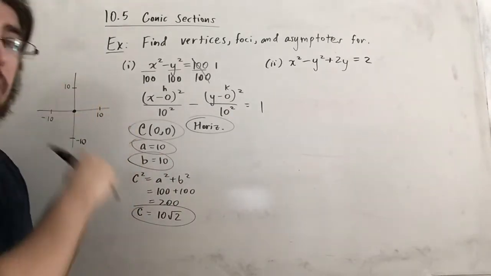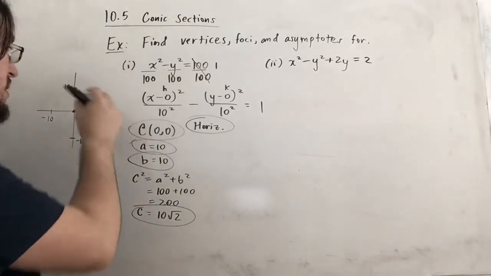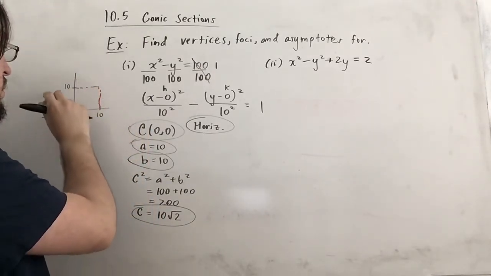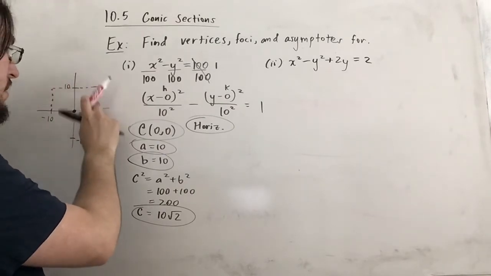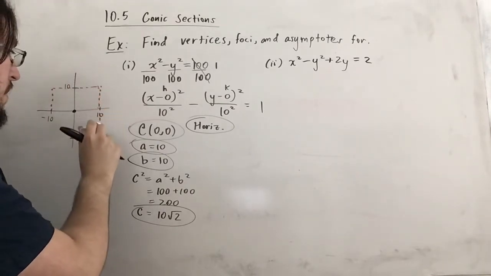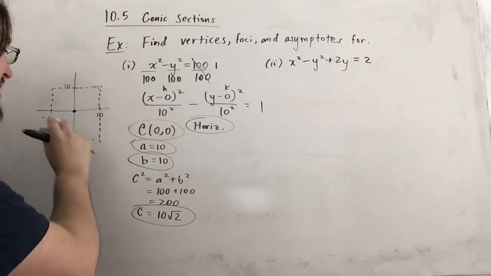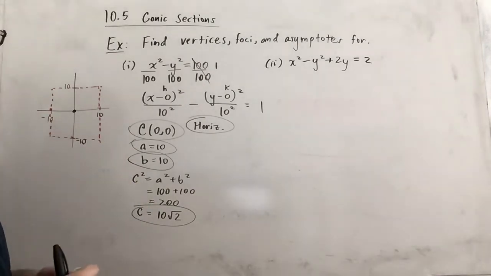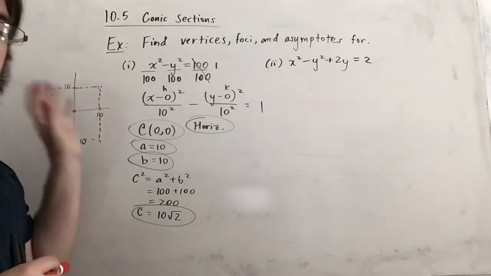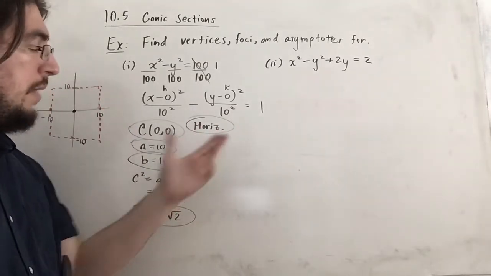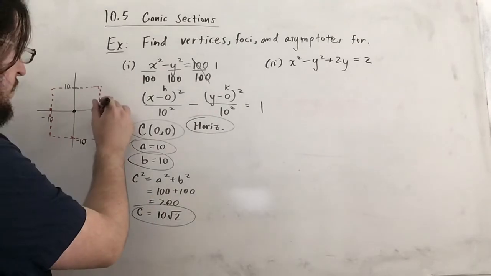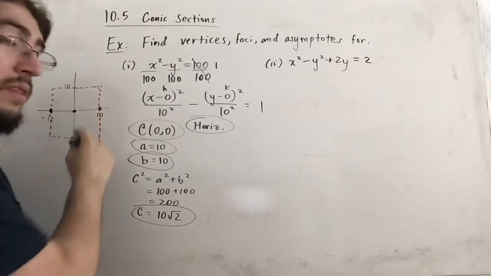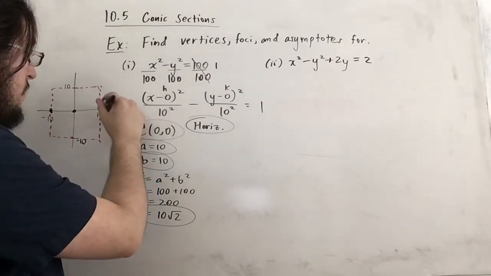So instead of creating an ellipse like we saw with ellipses, we're going to create this dotted box here, just like that. Imagine that's a better box. There we go. In this case, it's a square because all of the side distances are the same. And since this is a horizontal hyperbola, the horizontal points here will actually be the vertices of the hyperbola.